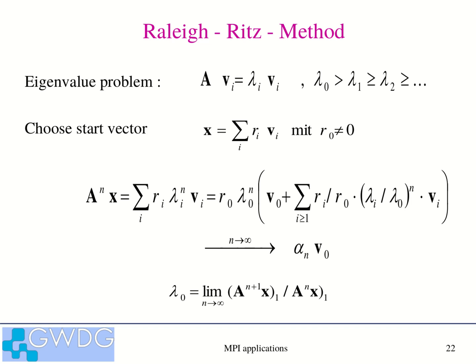So this is the way you multiply the input vector x again and again with the matrix, and divide the first element of this result by the first element of the last multiplication, then you will get a better and better approximation to the largest eigenvalue. That's in short the explanation for this Ritz method to calculate the largest eigenvalue.